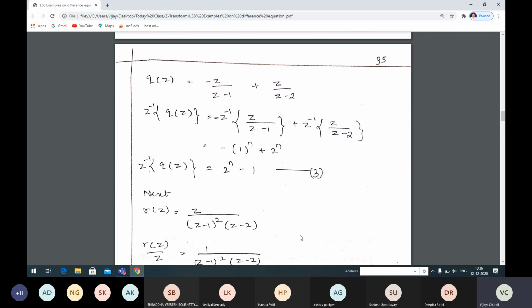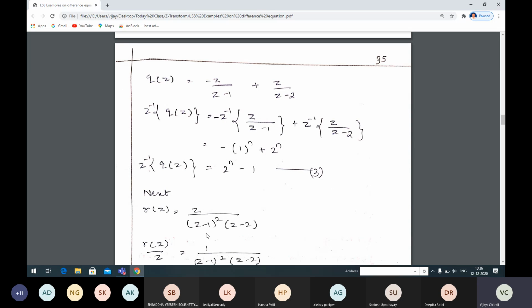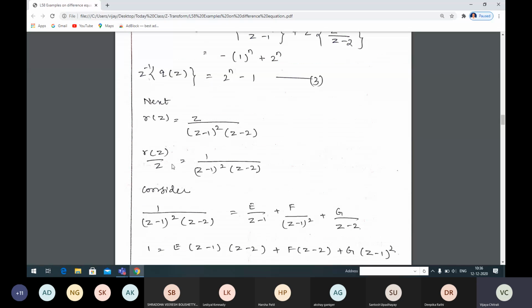Now find z inverse of r of z. For that, we have r of z is equal to z divided by (z minus 1) raised to 2 into (z minus 2). Take this z from RHS to LHS. So you will get r of z divided by z is equal to 1 upon (z minus 1) raised to 2 into (z minus 2).